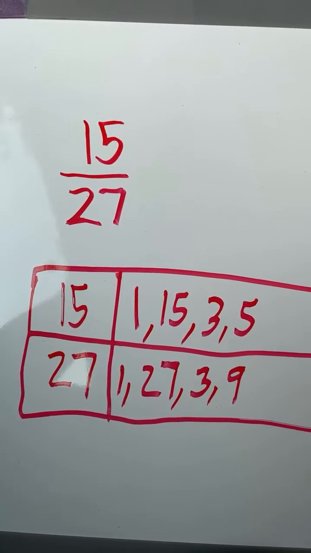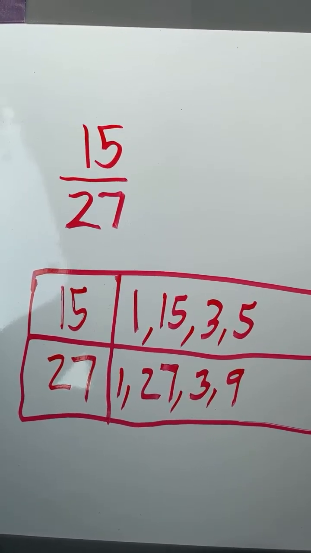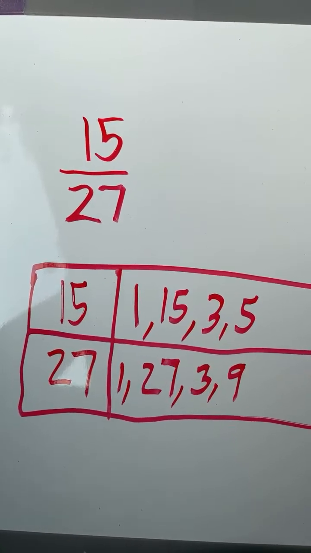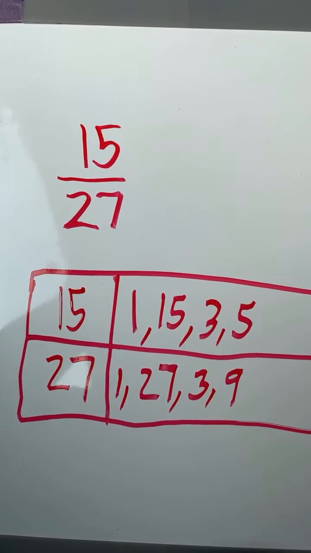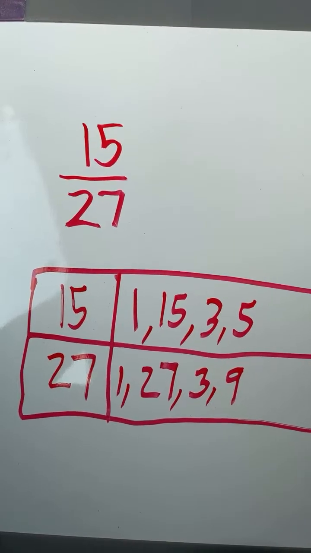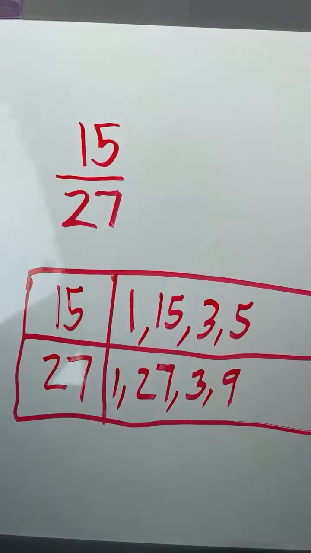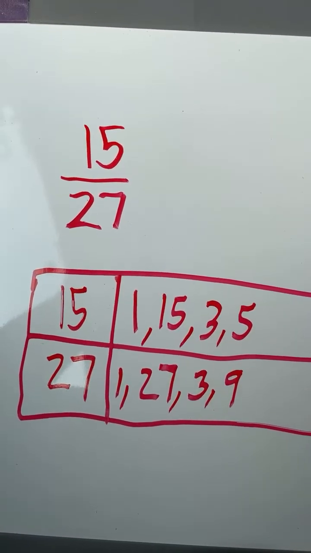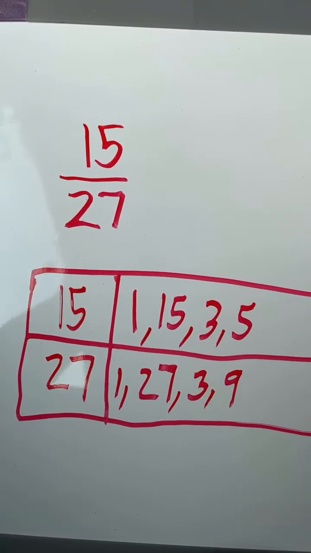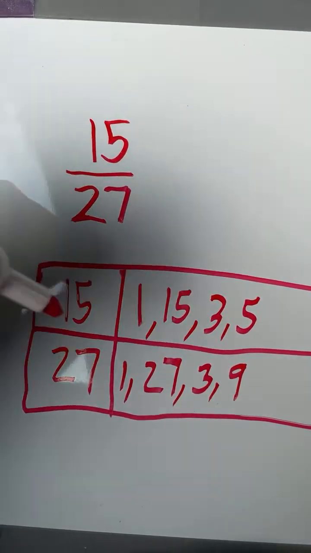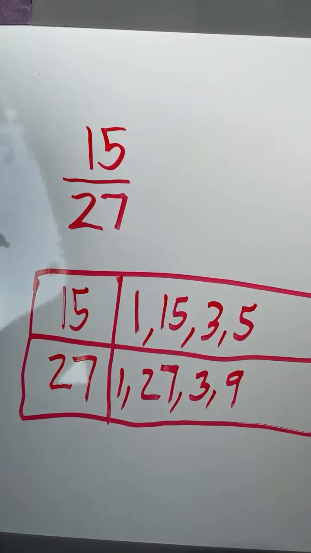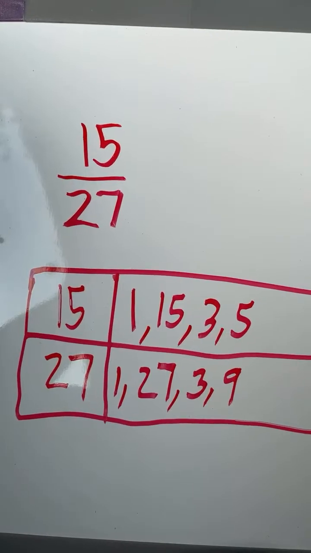Four is not a factor of either number. 6 is not a factor of either number. 7 is not a factor for either number. So we are good to go. These are the factors of 15 and 27, and we have to look for the greatest common factor.